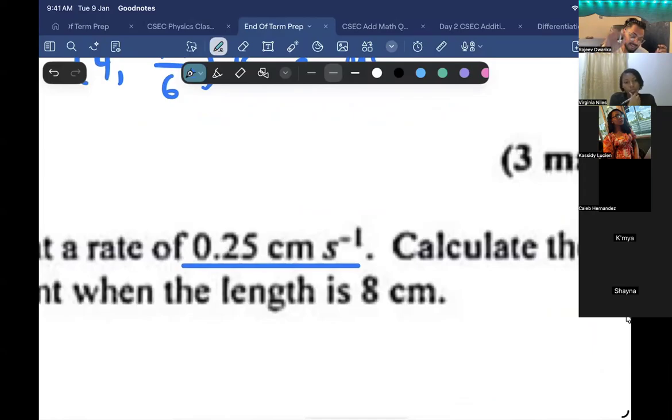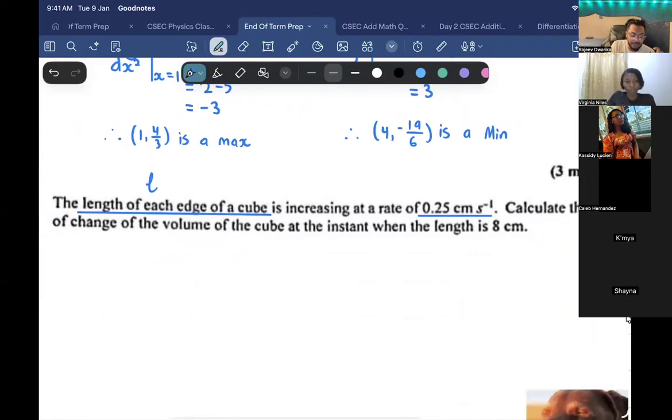Look at the units. It's centimeters, which implies what? Measurement. They're saying the length of the cube is increasing at a rate of 0.25 centimeters per second. So that's telling us that the length of the cube is changing with respect to time. Exactly.